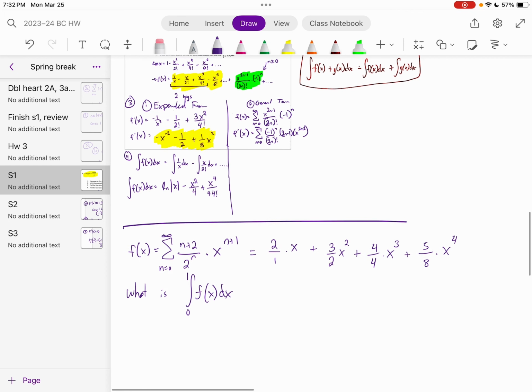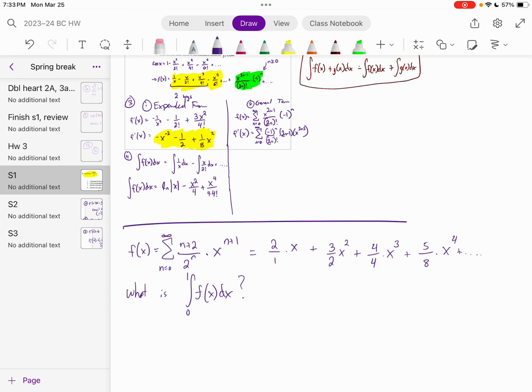So we have this sum from 0 to infinity of n plus 2 over 2 to the n times x to the n plus 1. I guess there should probably be some dots here. Anyway, I'm curious about the definite integral from 0 to 1 of f of x.